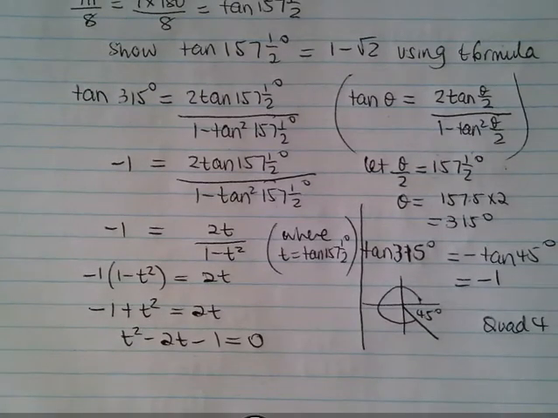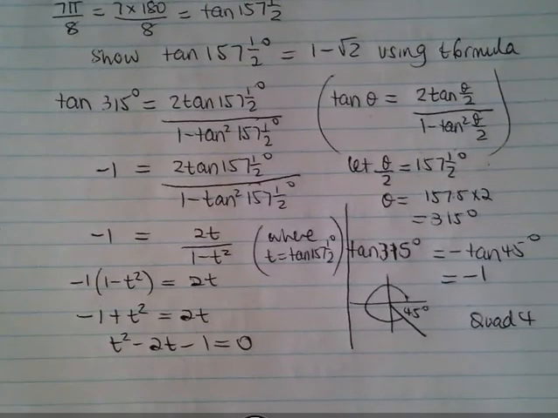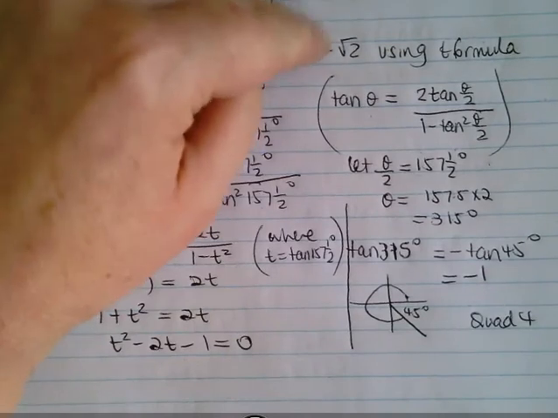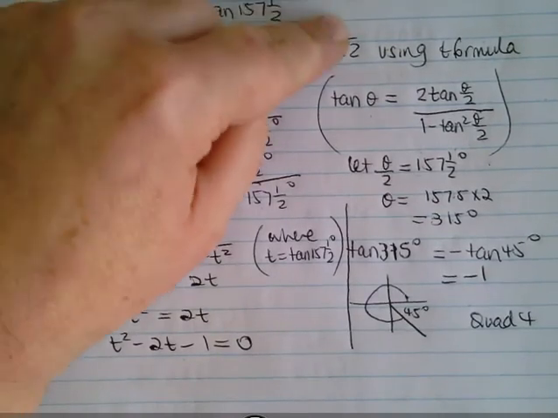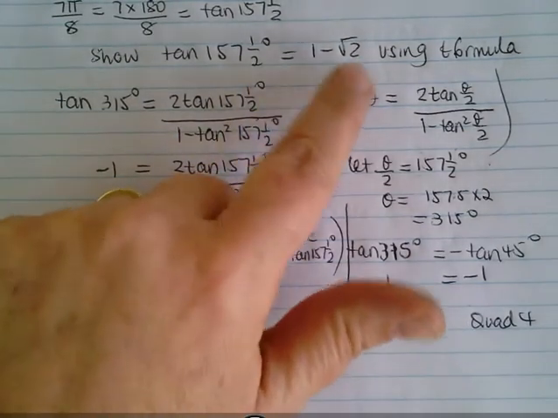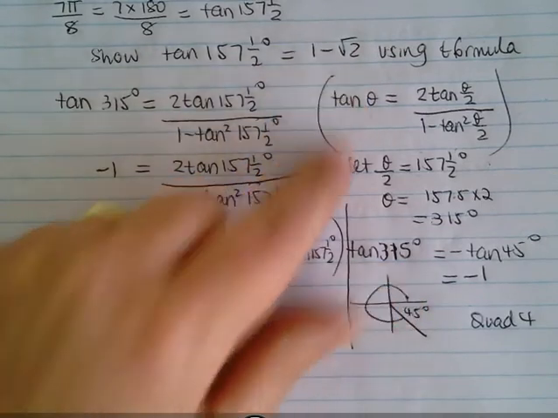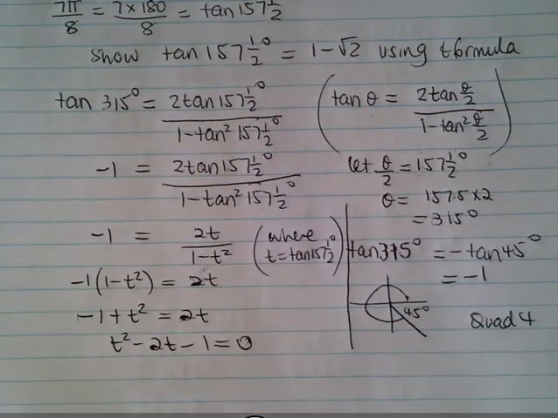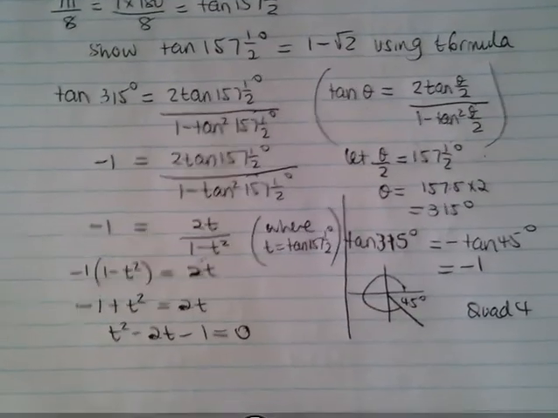It's not a perfect square. But looking at the question gives you the hint that you are going to use the quadratic formula. Because when you use the quadratic formula, you get 1 plus root 2, 1 minus root 2. That's what we're going to get, more than likely. One of the solutions is for our quadrant, and the other solution is for a different quadrant.